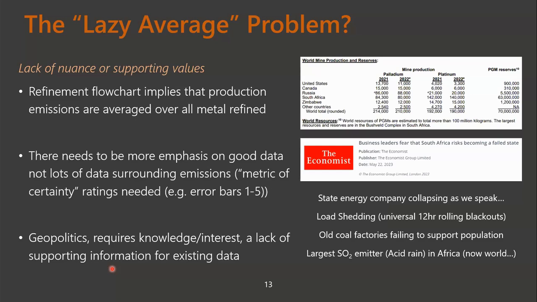And another thing that doesn't get talked about, and is a little bit covered in the equipment but not really, is that South Africa, because the country is essentially entirely dependent on very low grade, very bad coal for its power generation, is the largest SO2 emitter in Africa. And I think now currently the world. And SO2 is obviously very bad because of acid rain, and that has knock-on effects and problems, which again doesn't really get talked about.